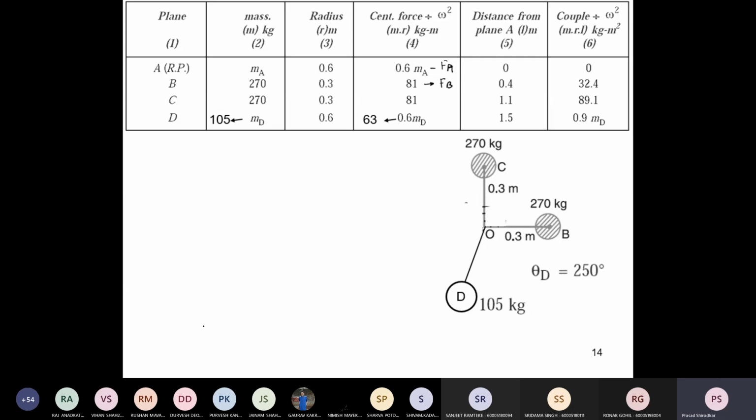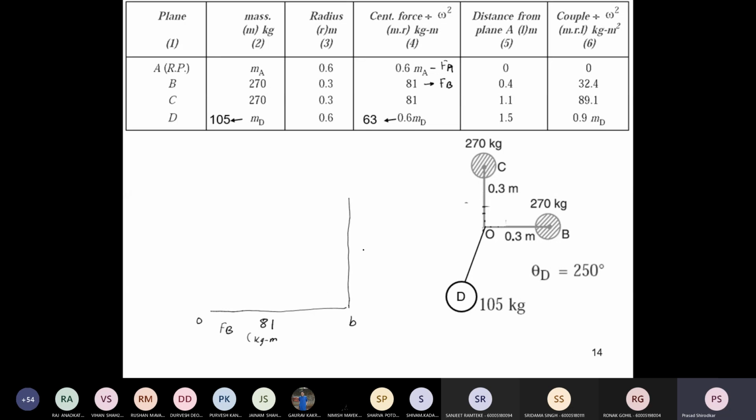So radially outwards in the direction of B. Alright, so this is OB, and this is 81, and this is BF. So this is FB. Okay, 81, and this is in kg meters.